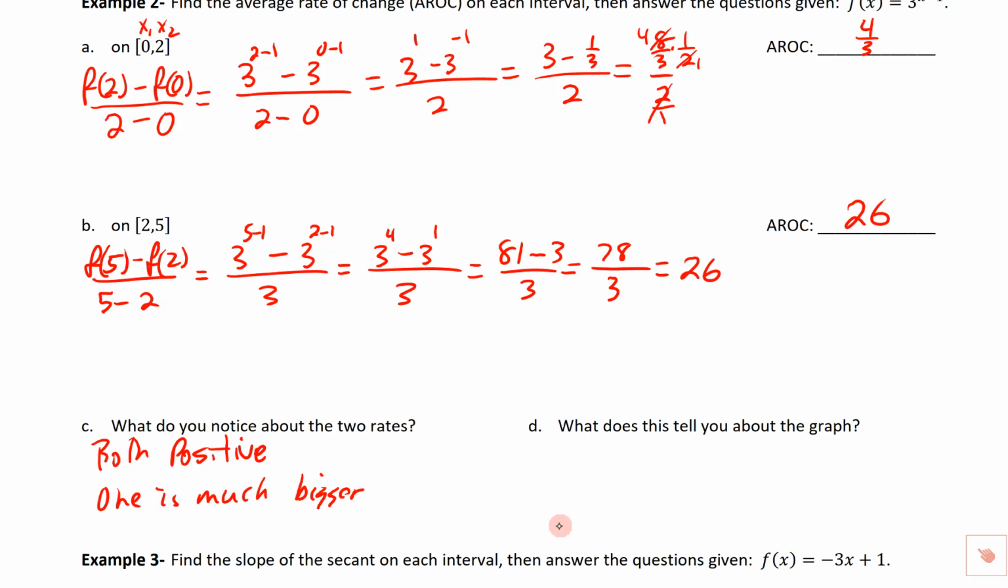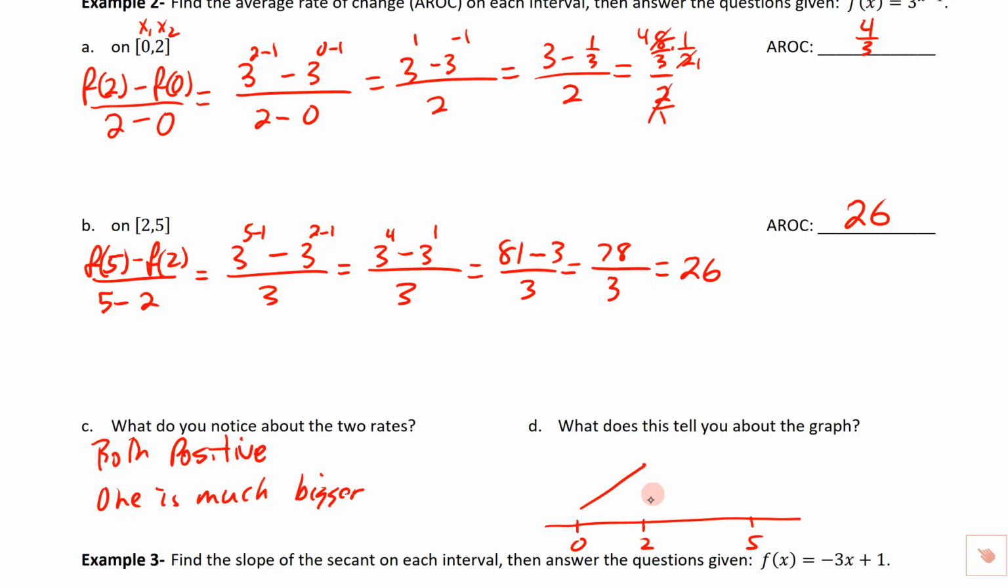So we've got a couple of intervals going on here. We've got from 0 to 2, and then we've got from 2 to 5. So on the x-axis, we're going from 0 to 2 on part A, and then from 2 to 5 on part B, and we're finding the average rate of change. Well, the average rate of change on this first interval is about 1 1/3, so it's pretty steep, maybe a little bit steeper than that indicates right there.